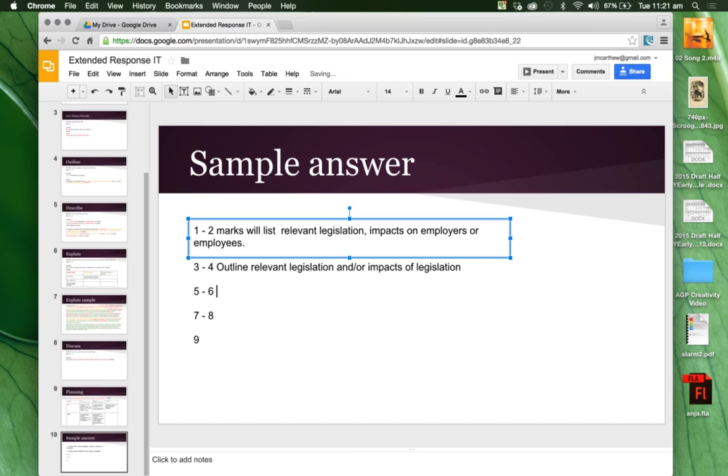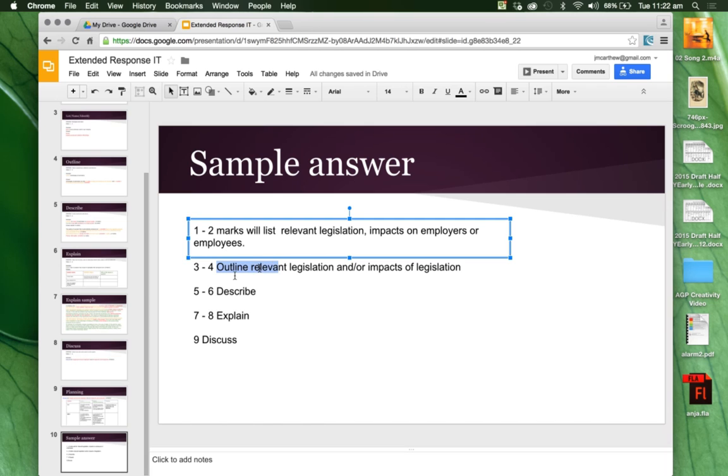Now we'll get to describe and explain, and then finally discuss. Now the explain might show some advantage or disadvantage, and you'll notice I don't say plural, or it might only do it to one piece of legislation.